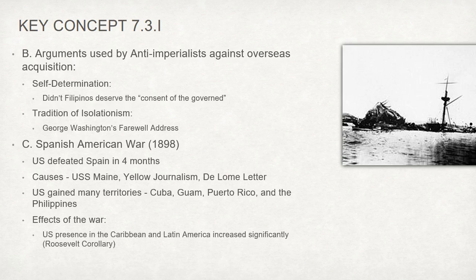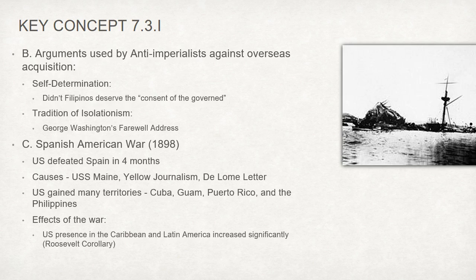In terms of Puerto Rico, Puerto Rico is still a territory of the United States today, so we know what we do with Puerto Rico. Cuba is given its independence, but the United States passes something called the Platt Amendment, which basically says that we are the ones who are in charge of Cuba's defense, thereby giving the United States sovereignty over Cuba for the most part. And so what we see then is that the United States begins to assert its control over the Caribbean.